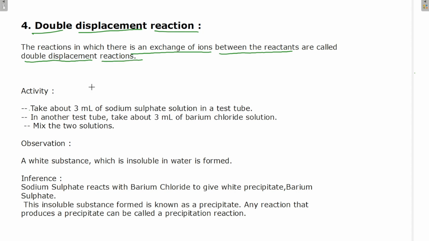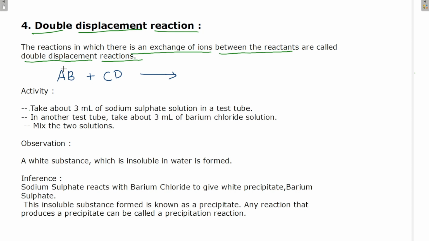Let me represent this double displacement reaction in the general form. Suppose AB is a reactant which reacts with another reactant, CD. What happens in case of double displacement reaction? There is exchange of ions between these two reactants.